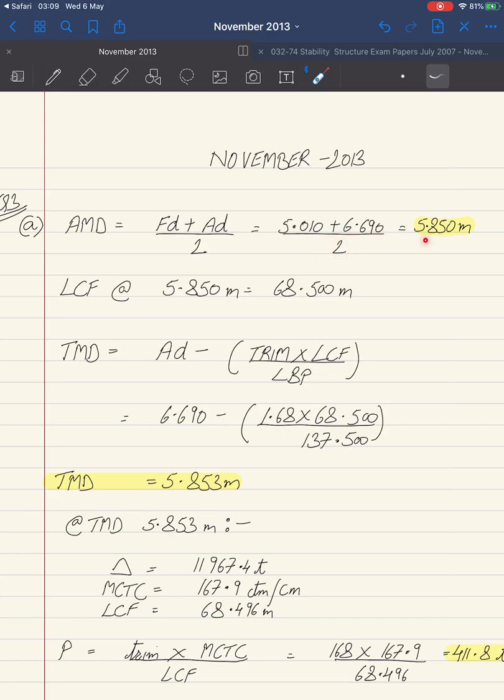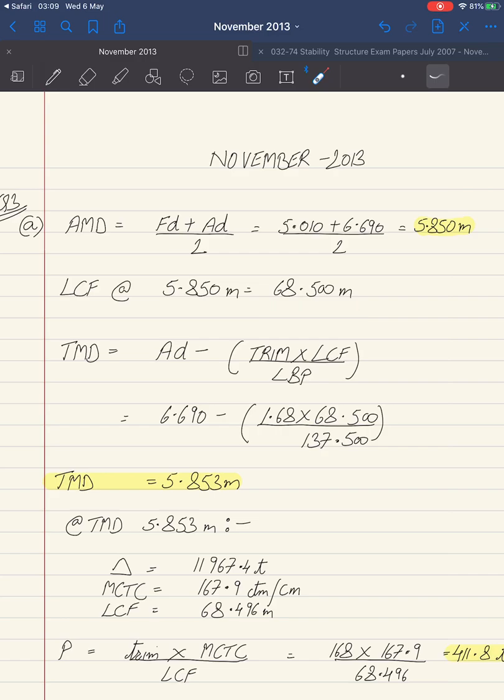The arithmetic mean draft we got is 5.850 meters. Now we'll find the LCF at 5.850 meters. LCF at 5.850 meters was found to be 68.500 meters. This was obtained from the hydrostatic data by doing the interpolation.